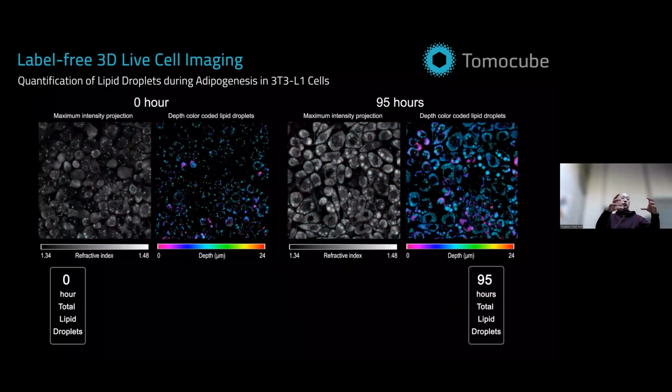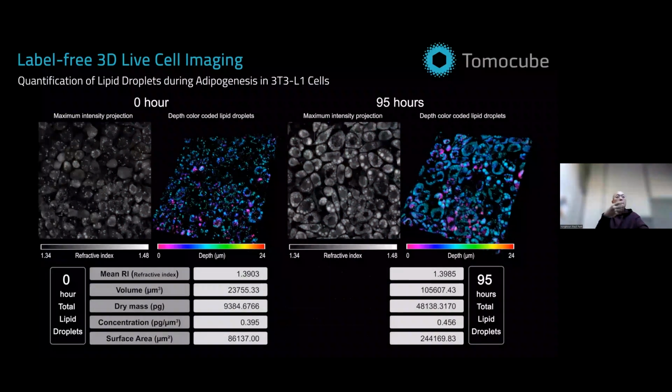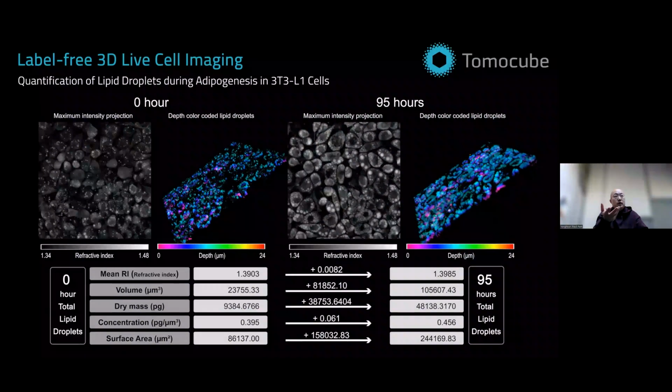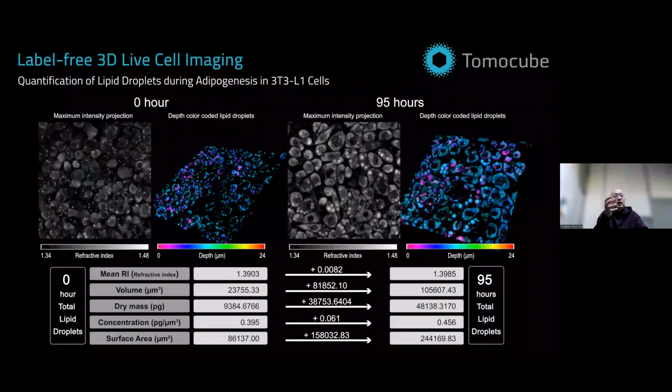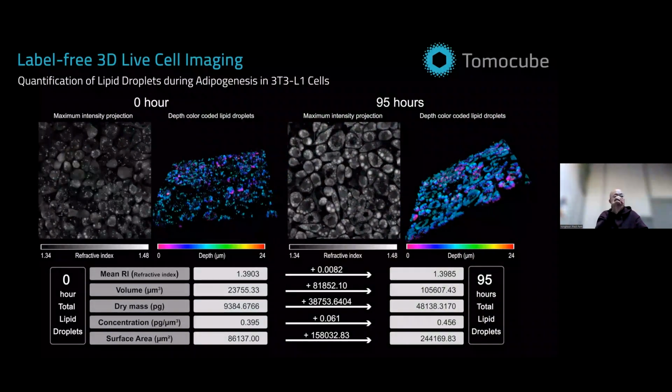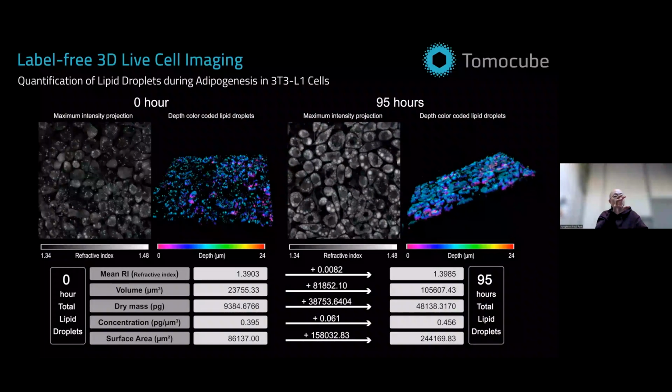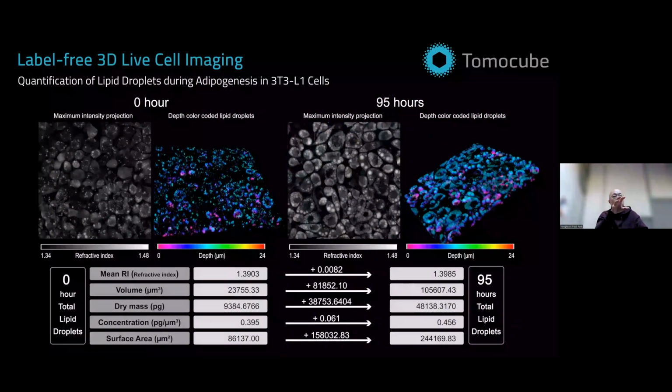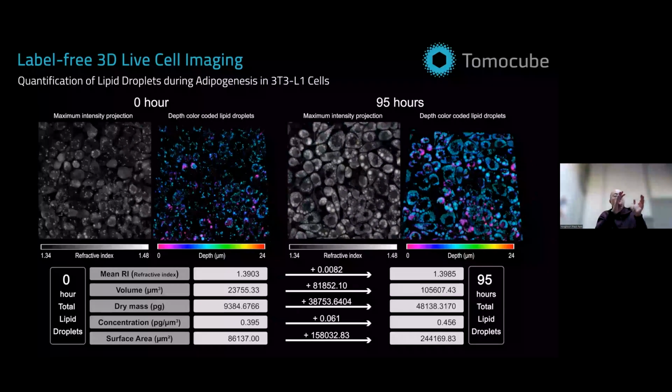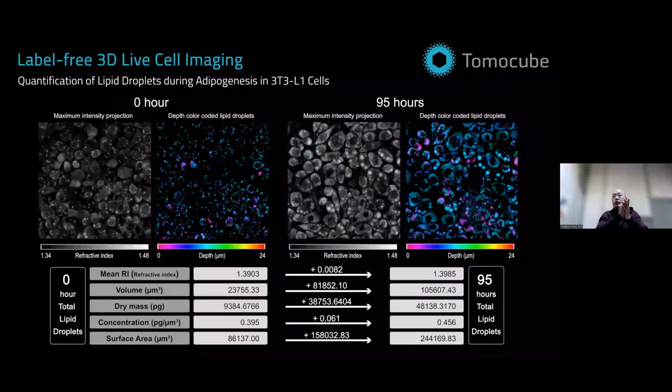So the measurement was done in 3D, and analysis can be done in 3D. So you can calculate and follow the growth of the individual droplet, and you can retrieve the quantitative values about volume, concentration, and dry mass of the individual lipid droplet in various applications.